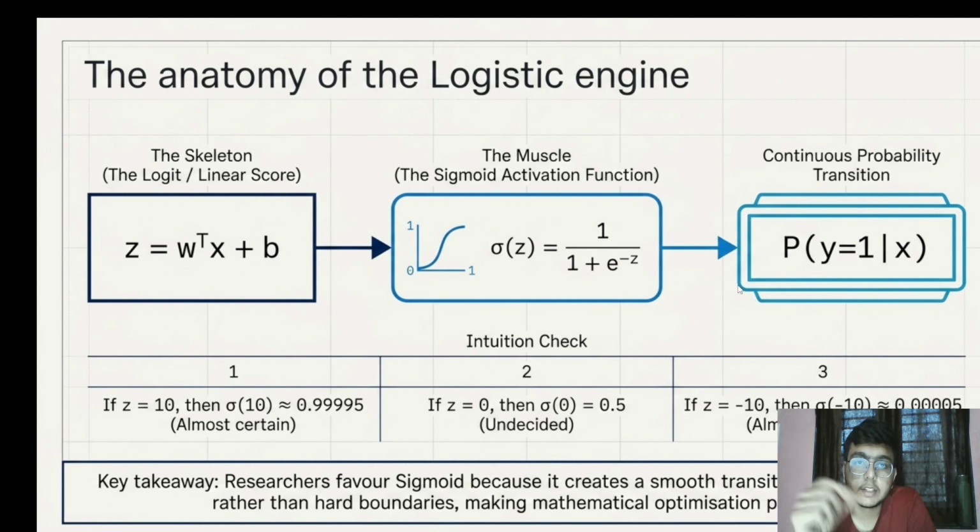If z equals 0, the sigmoid activation function gives 0.5 as output, and if z is minus 10, we get 0.0005, meaning almost no. What is the key takeaway of this sigmoid activation function? Why do scientists use it? Because researchers favor sigmoid since it creates a smooth transition from 0 to 1 rather than hard boundaries, making mathematical optimization possible.